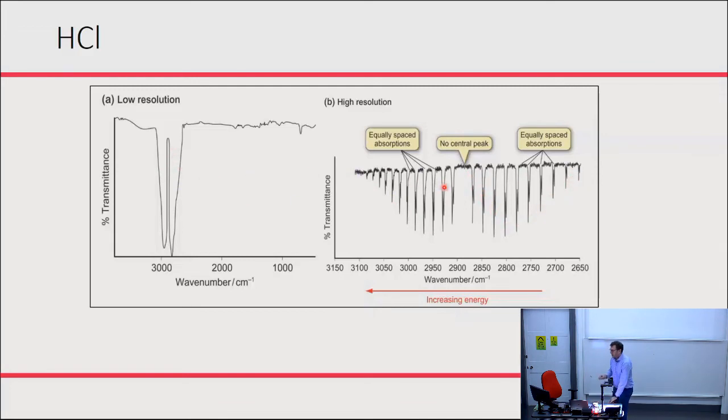Okay, so this vibrational infrared spectrum giving us vibrational information, actually underneath it all is a whole load of rotational information. And we shouldn't be surprised because in rotational spectroscopy we were looking at rotational transitions within a particular vibrational level. So each vibrational level has its own set of rotations.